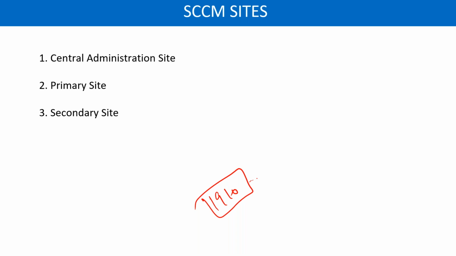Because now we are not getting a license only for SCCM; they are saying that we need to take a license where Intune is integrated with SCCM. Right. Okay.